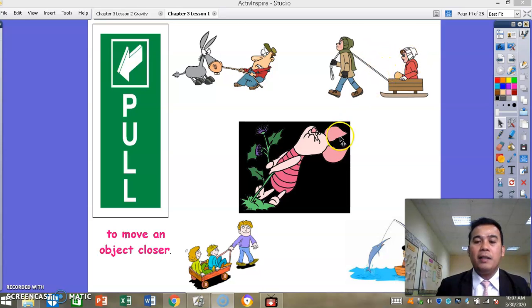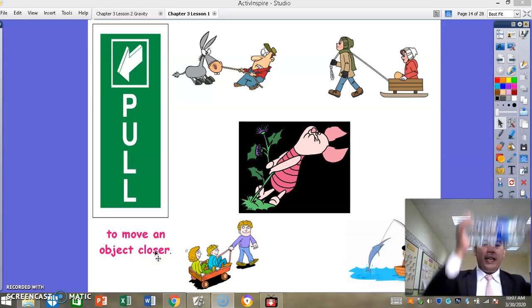Another example: this cartoon character is pulling the plant. This man is pulling the fish, the caught fish. Again, pull to move an object closer to you. Push and pull.